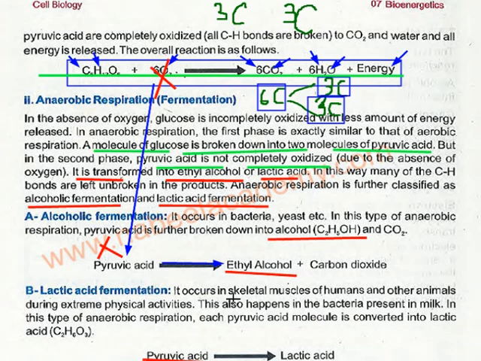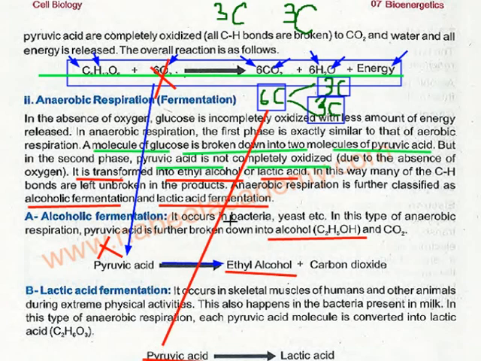Strenuous means when we need more energy and we don't have oxygen. Whenever you are jogging or doing strenuous exercises, our lungs are not able to provide high quantities of oxygen. Understand? So again the first step is the same. We get the glucose which is stored in our body.